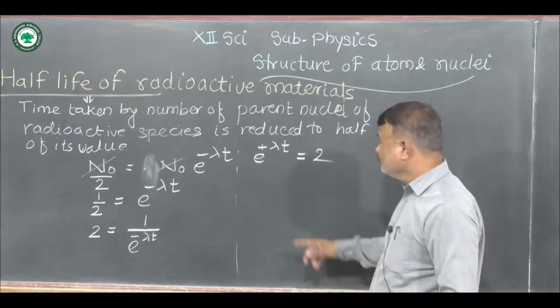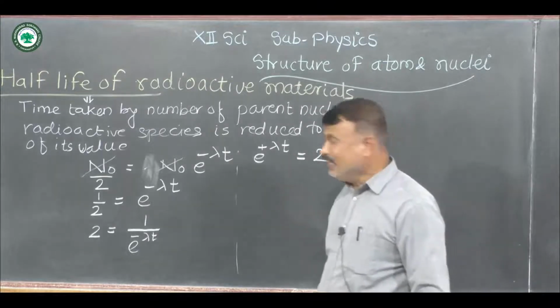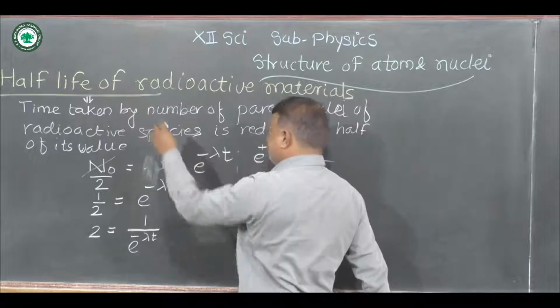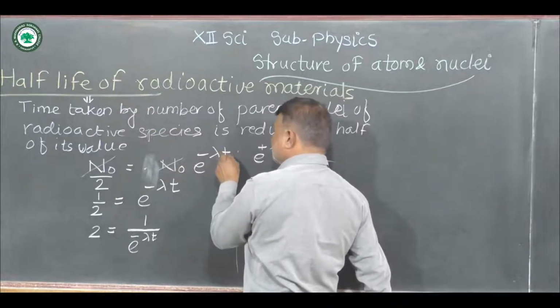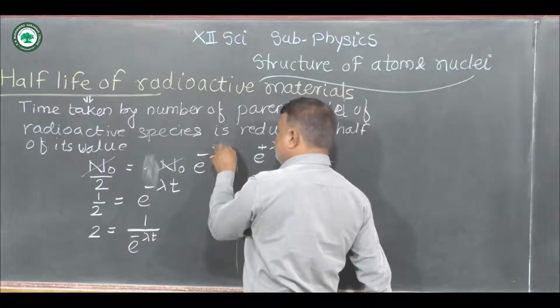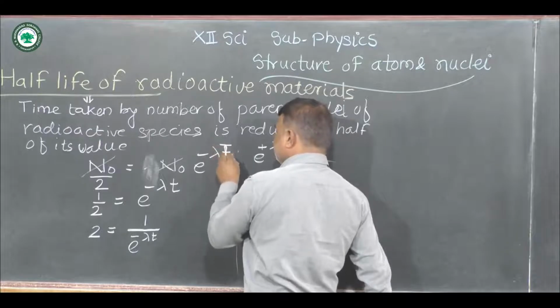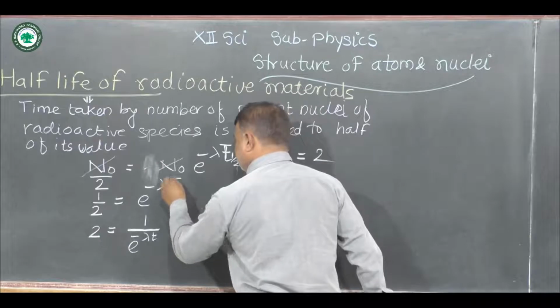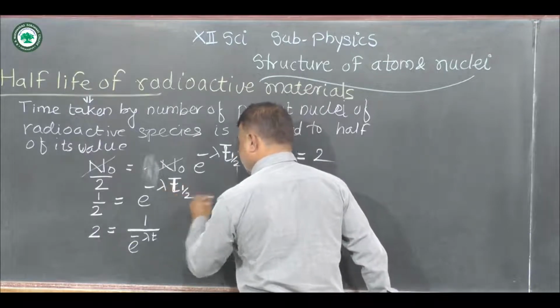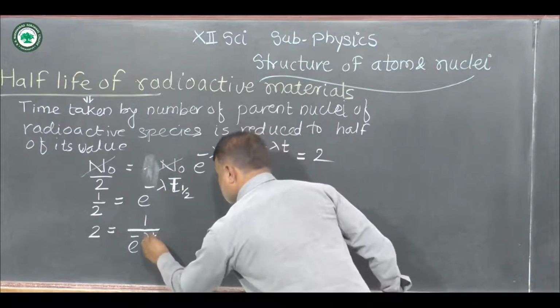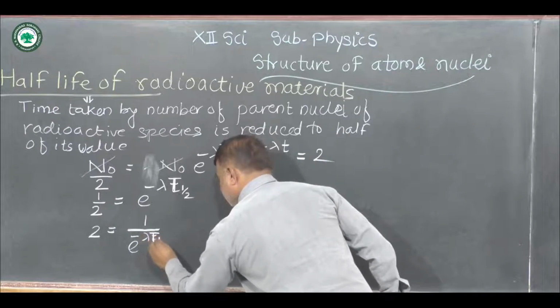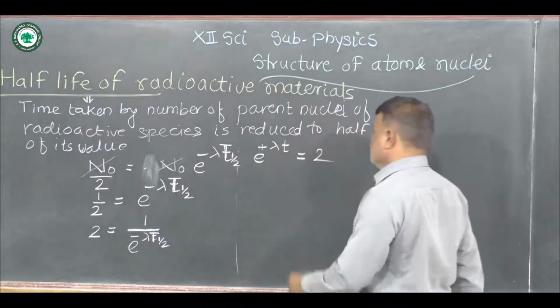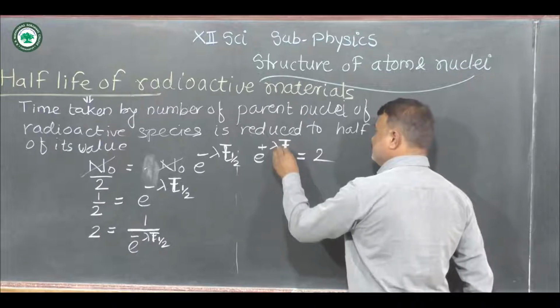We have to find out time t. In that case, time is half-life, therefore we take small t is equal to capital T half. So we have to find out value of this T half.